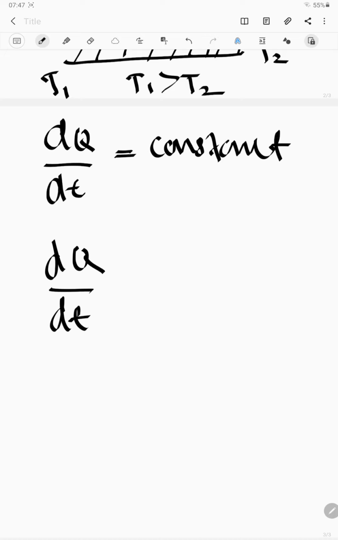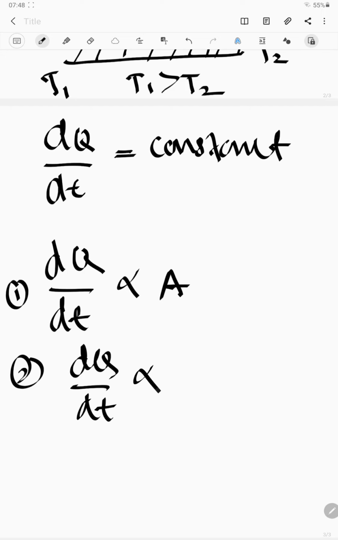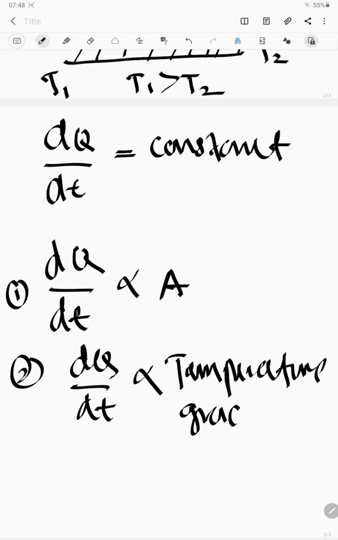And then the rate of heat flow dQ per dt depends on three factors. Ada tiga faktor. Yang pertama adalah cross sectional area. And then yang kedua adalah temperature, suhu, through the cross sectional area, we call it temperature gradient.